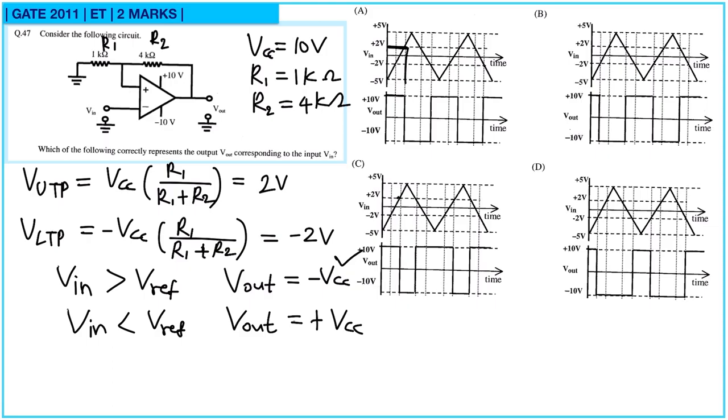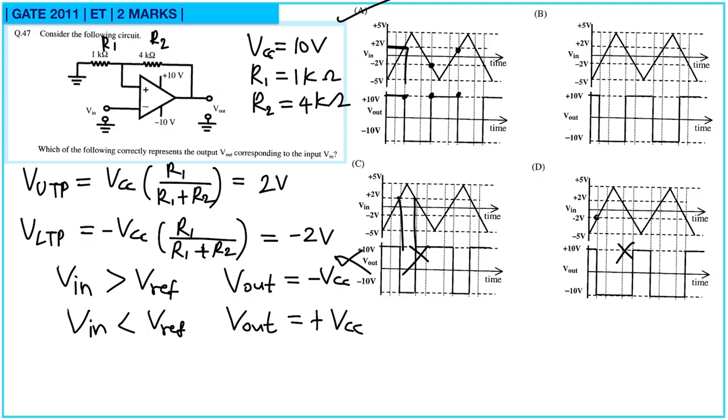Then it should trip at minus 2 volt. So here we have minus 2 volt, so it is changing here. Then again it should change at 2. Here it is changing at 2 volt only, so this is not correct. This part is not correct. Here it is changing at minus 2 initially, this is also not correct. So only option A is correct.